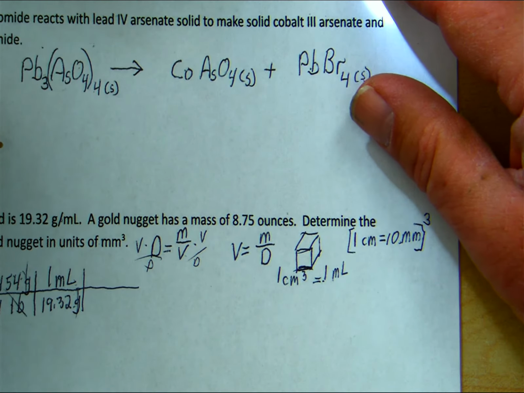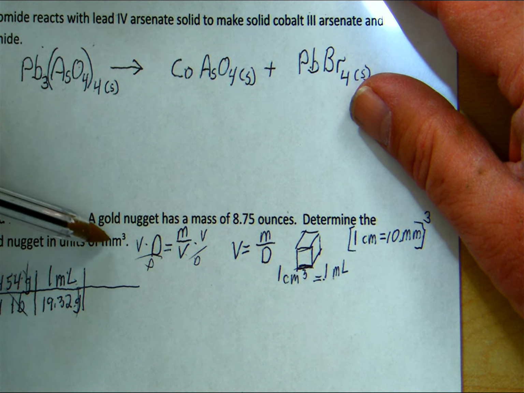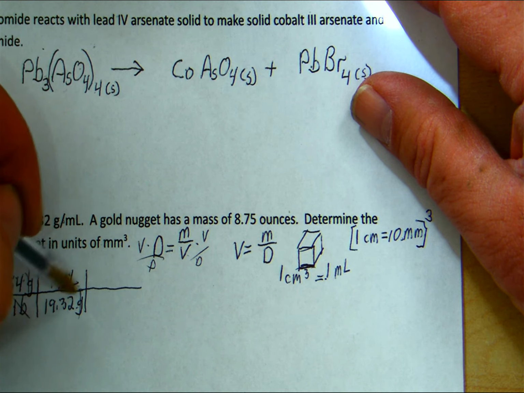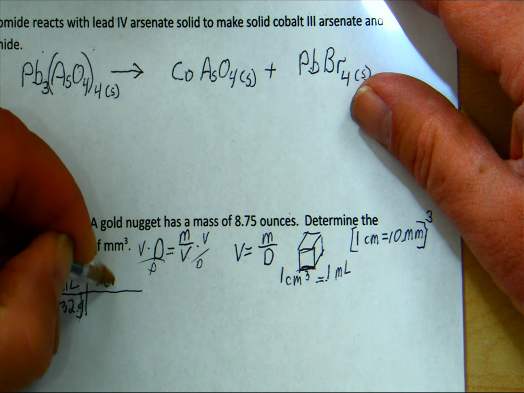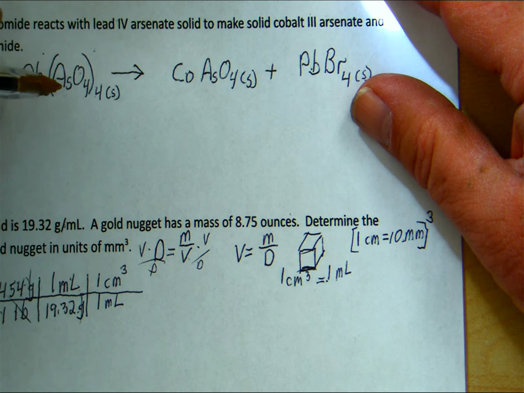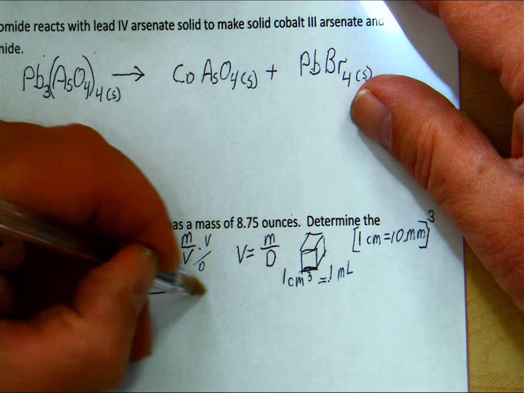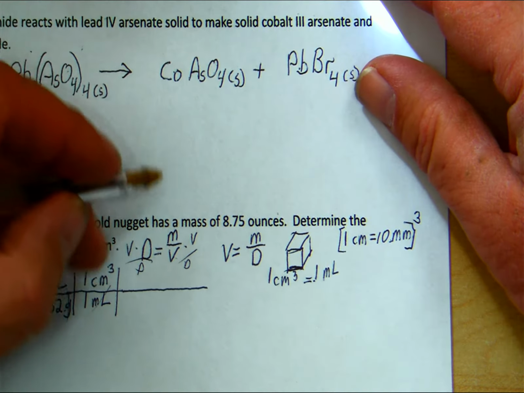So if I want to convert this from milliliters to cubic millimeters, I could, if you want, take that one little step that says 1 cubic centimeter is equal to 1 milliliter. That way the milliliters will cancel. But now you have to do this triple conversion here. This is okay.